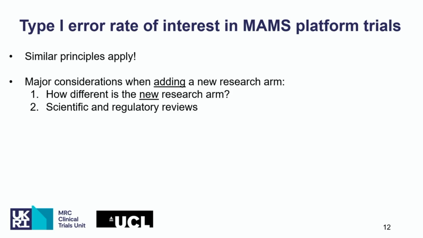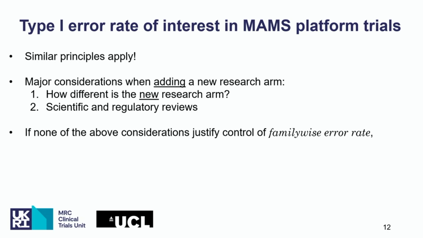A major consideration when adding a new research arm is how different it is from the ones you already have in your platform. And of course, you need to get scientific and regulatory reviews and approvals. If none of the above considerations justify control of the family-wise error rate, then the pairwise error rate should be controlled.